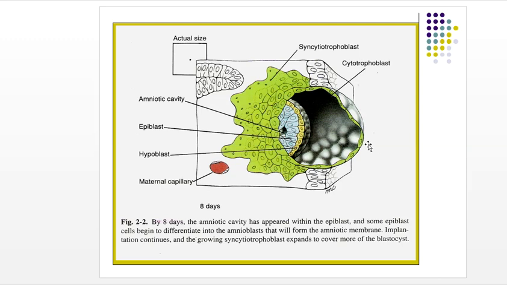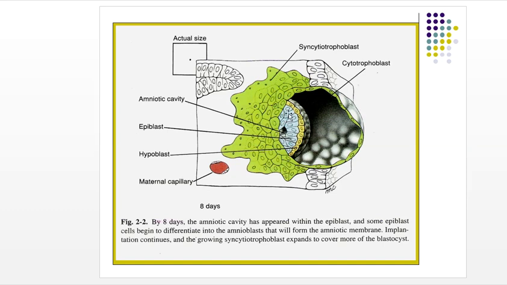By 8 days, gradually some cells proliferated and differentiated from the epiblast layer and make new flat cells that are named amnioblasts. As the result of the formation of the amnioblasts, first of all, a small cavity is made that is named amnion cavity.